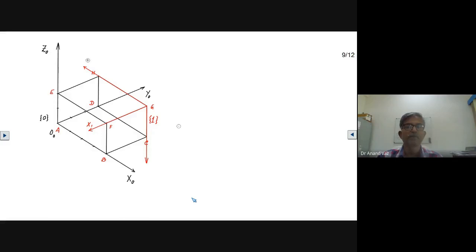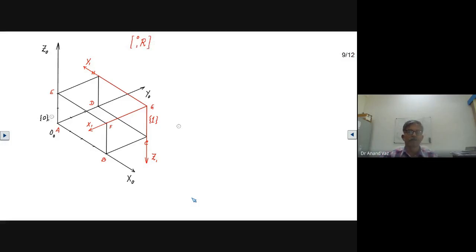If we take this as y1, then using our right hand rule, we'll have z1 pointing downwards. Now you have to figure out what is R1 with respect to 0. What is this orientation matrix?